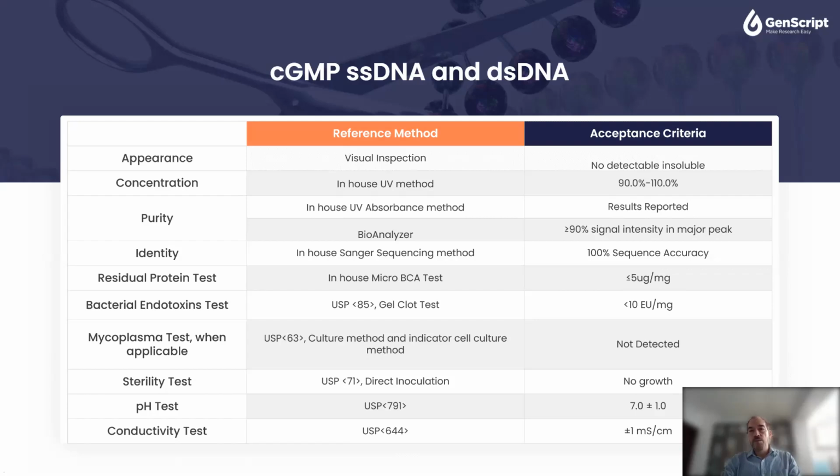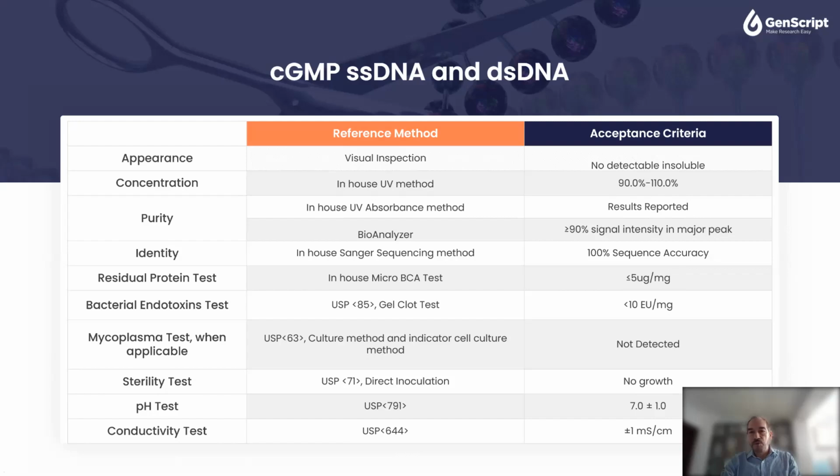In cGMP, we can also produce the HDR templates, single-stranded DNA and double-stranded DNA templates, again with very high quality requirements: no insolubles, very high concentration, matching our concentration requirements.